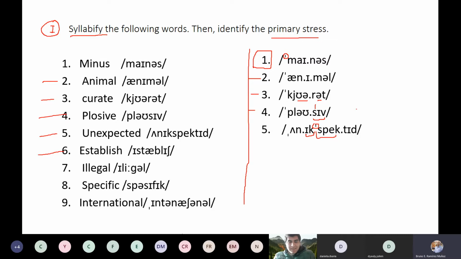Anyone interested? I can, teacher. Go, William, please. There are 3 syllables, and I think the stress is in the second one.